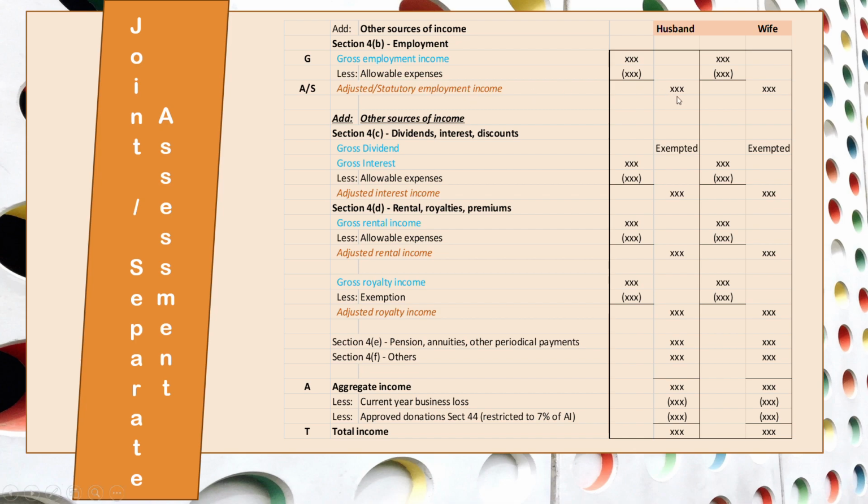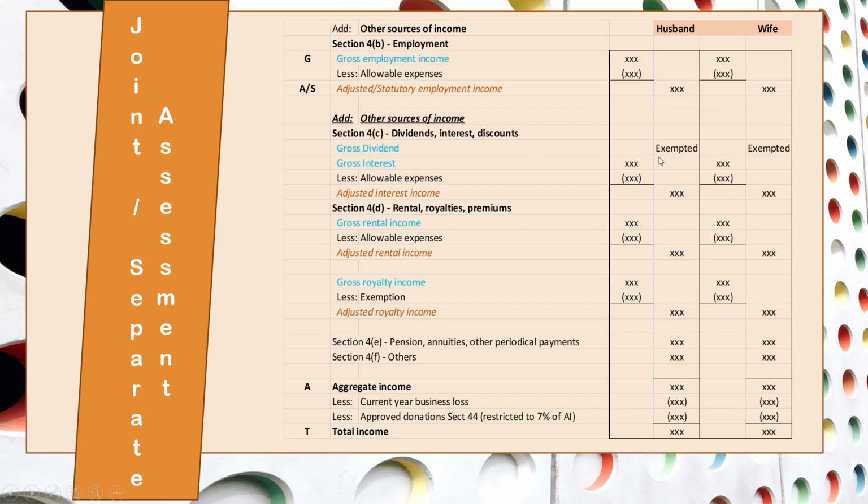Followed by, if the husband has any other sources of income such as dividend, interest, rental, royalty, and so on, you would compute for himself alone, separately.